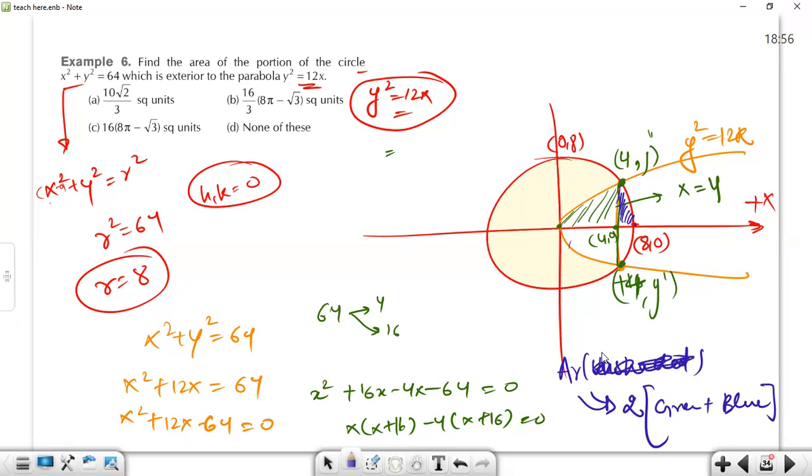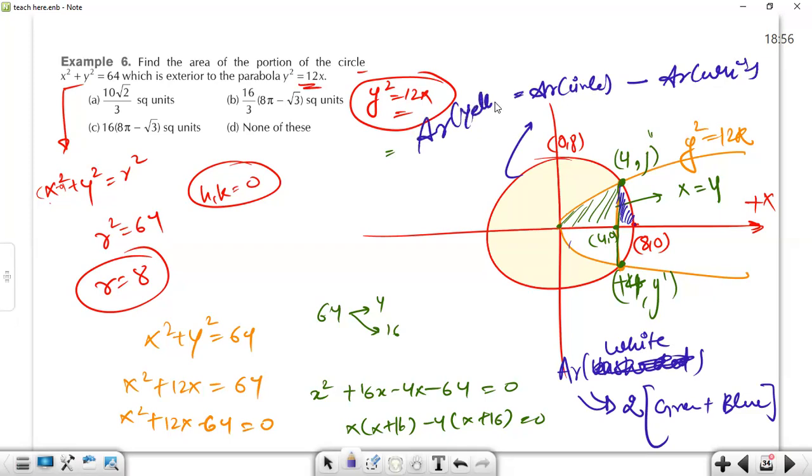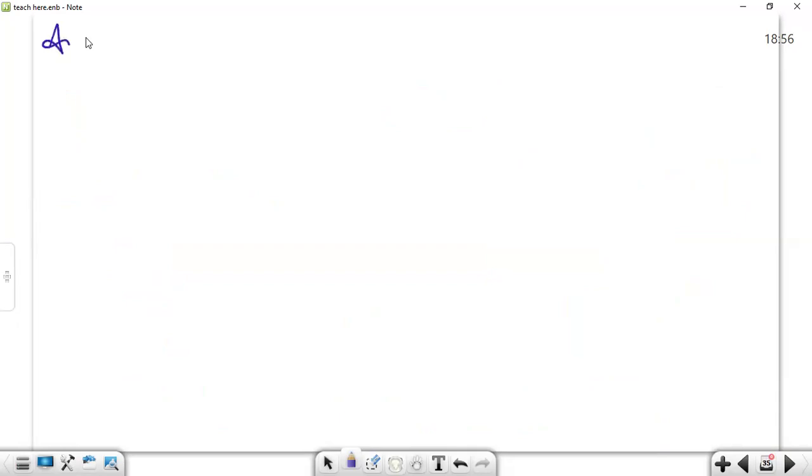Unshaded, not unyellowish, or I should write white region. So after finding the area of white, we'll take the area of the circle, subtract the area of white from it, and then we will have the yellow area. Clear? Yes. So let's first find the area of the white region.